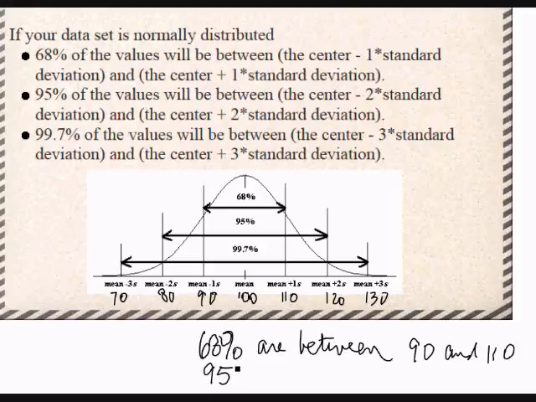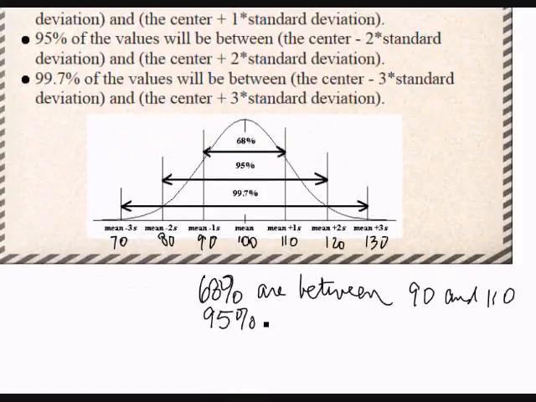95% of the values collected are between the mean minus 2 times the standard deviation and the mean plus 2 standard deviations. So that would be between 80 and 120.